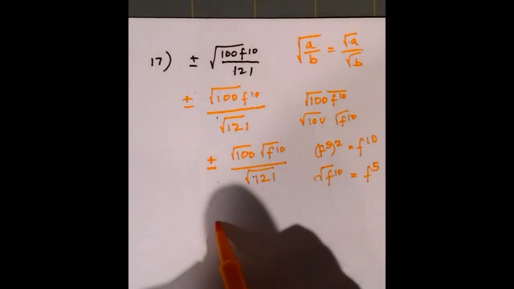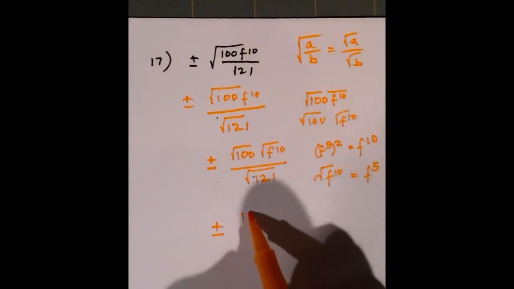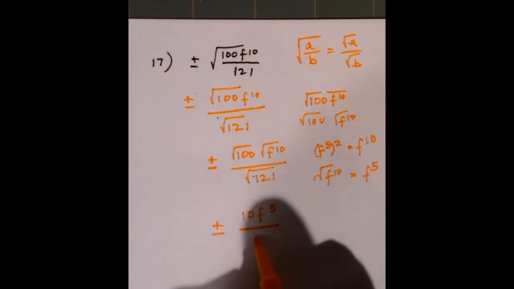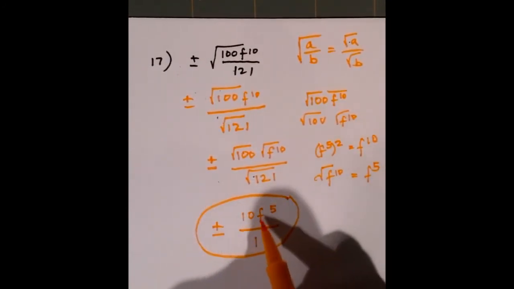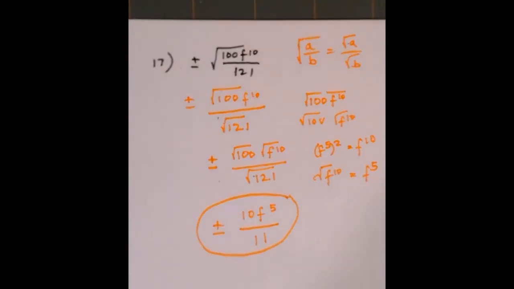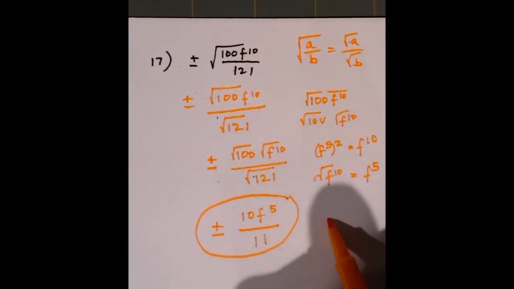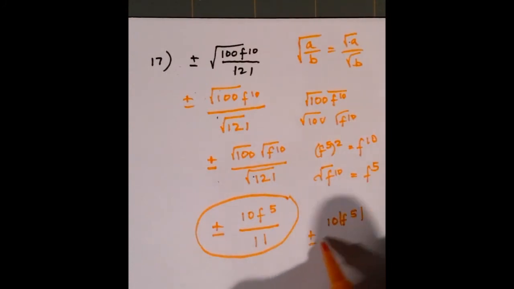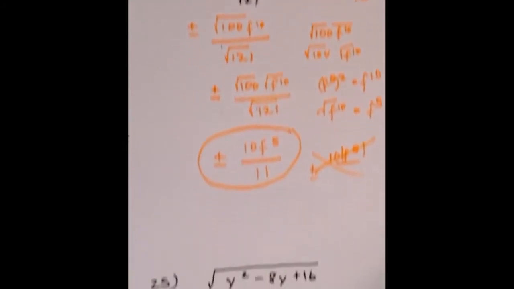So this is going to be equal to plus or minus 10 f to the 5th over 11. And again, that probably should have an absolute value sign, but if you don't put it here, I'm not going to mark off. That's a hard enough problem without it, right? Because f to the 5th could be negative. But you know what? That plus or minus is going to get rid of it. You don't need that. All right?